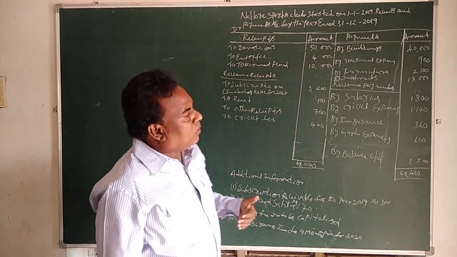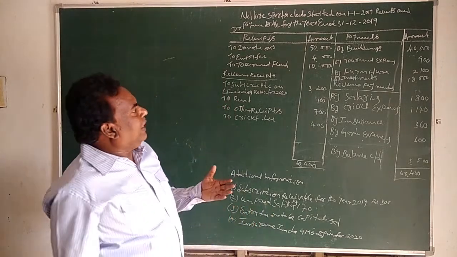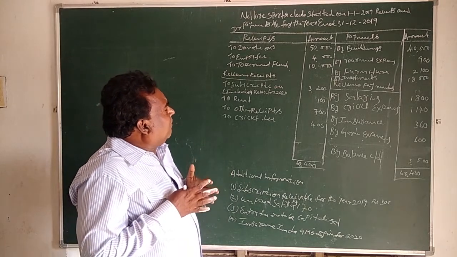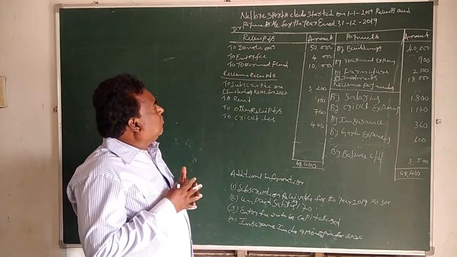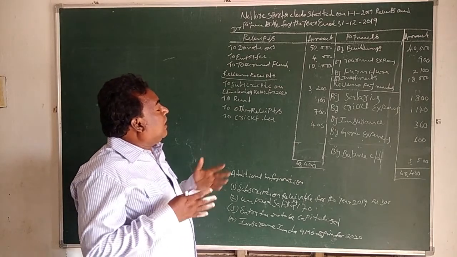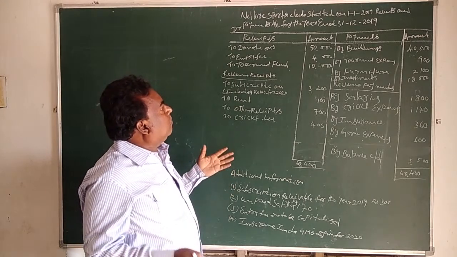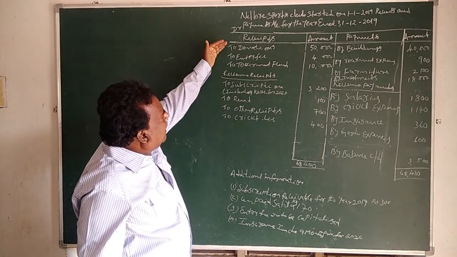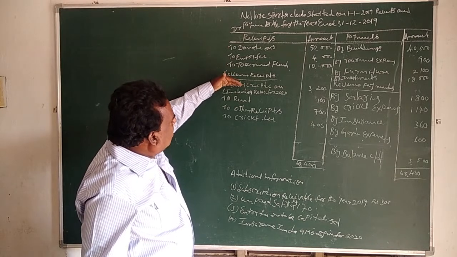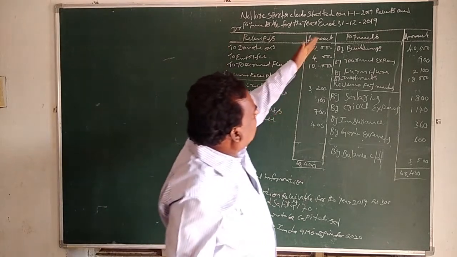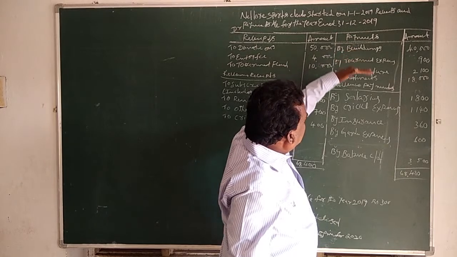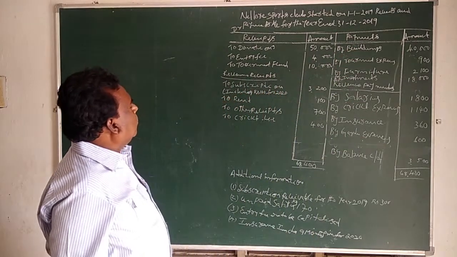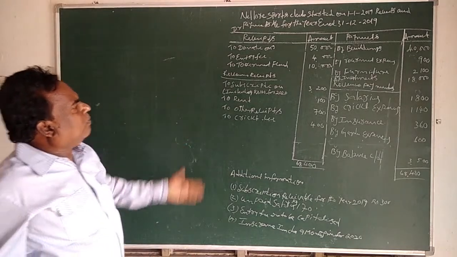So in this problem, the nature of incomes and the nature of expenses have already been separated. These are the capital receipts, these are the revenue receipts, these are the capital payments, and these are the revenue payments. Donations are already capitalized.